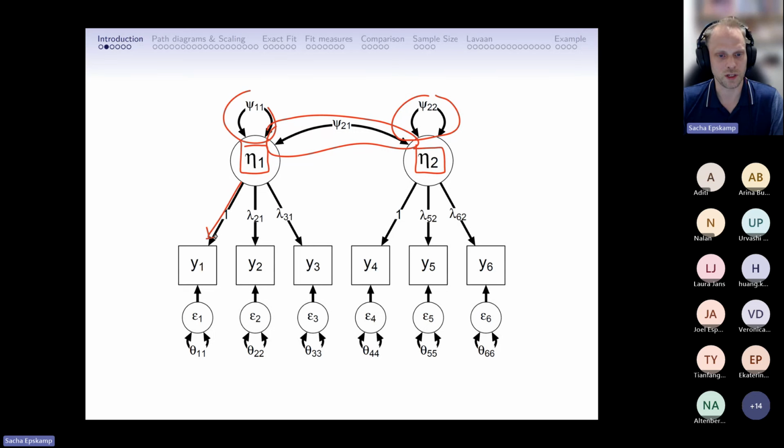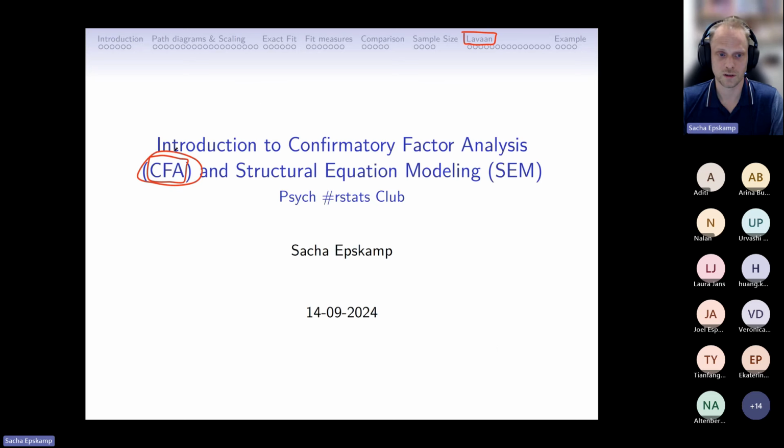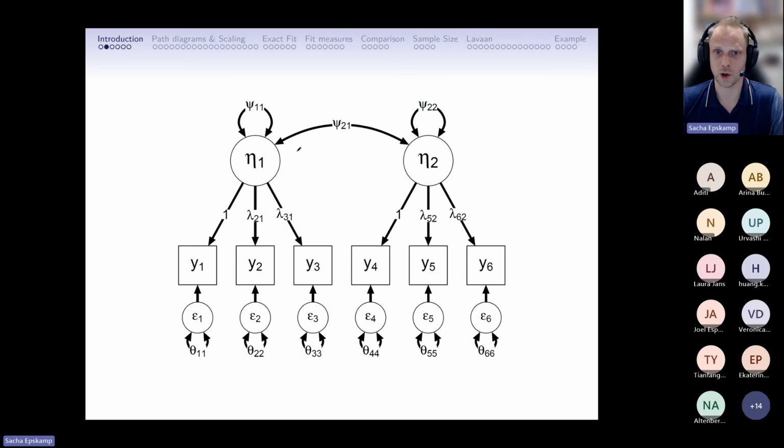And we assume that these latent constructs cause underlying indicators. And we can model something like this. This is a CFA model, or a confirmatory factor analysis model. This one here is the model that I'll show today, how to analyze this and how to estimate this. And it can lead to interesting conclusions.